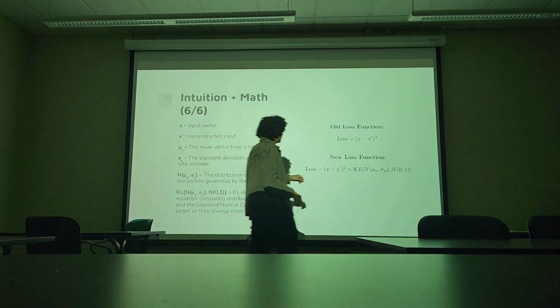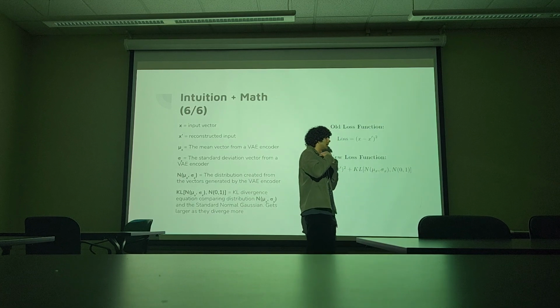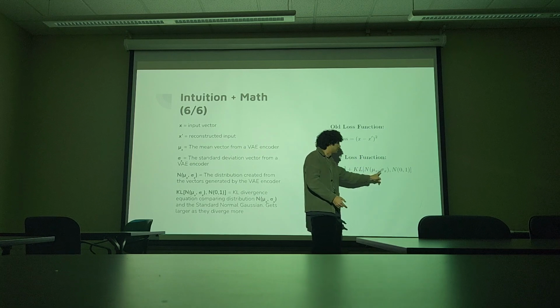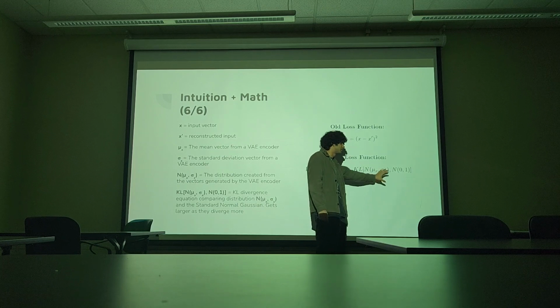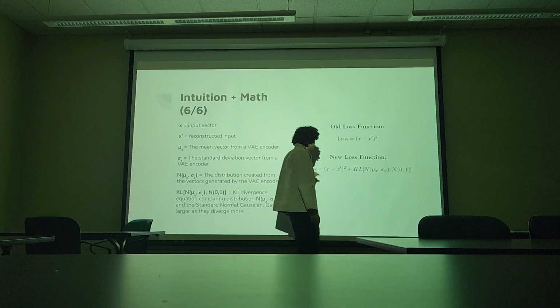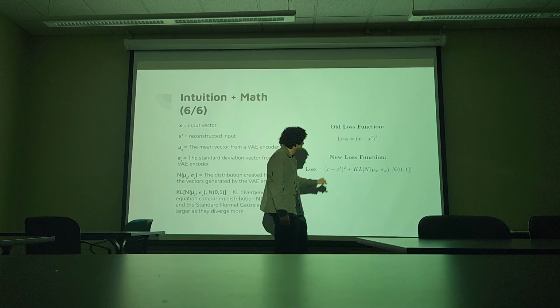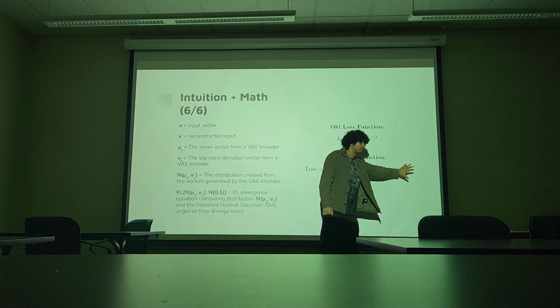So if the mean is 0 and the standard deviation is 1, and that's the distribution that the variational autoencoder encoded for us, this will be 0, or very close to 0. And the farther it gets, the greater this KL term will get. And what that'll do is increase the loss. So even if it's doing really well at reconstructing, it's forced to have the local and global continuity in the latent space because of this term.